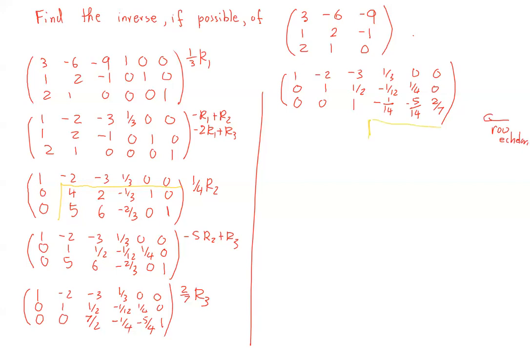So we're leaving behind us the first 3 columns and the first 3 rows, and there's nothing here. So this is row echelon. But now we know that it has an inverse. At this point, we can say the matrix is invertible. We're not done finding the inverse, but we can say that the matrix is invertible.